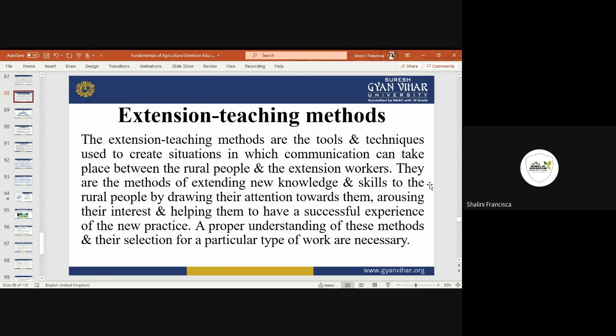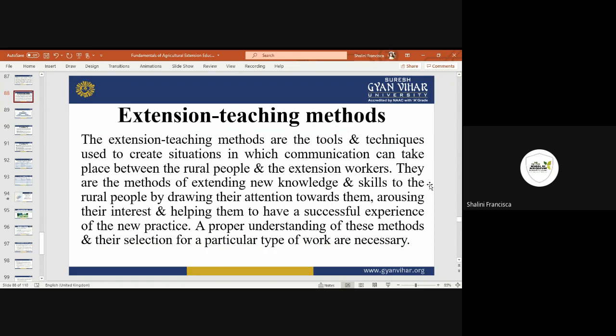The new practices will help them understand whether the thing is valid for them or not, and whether it is hampering their previous life or not.